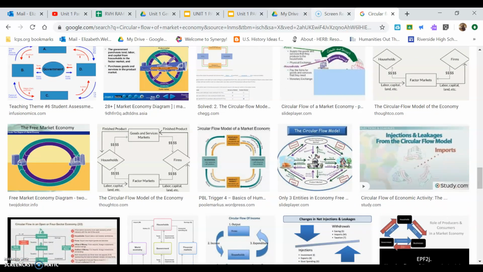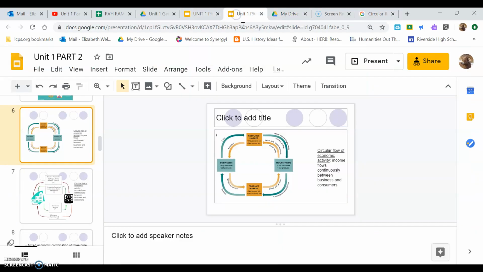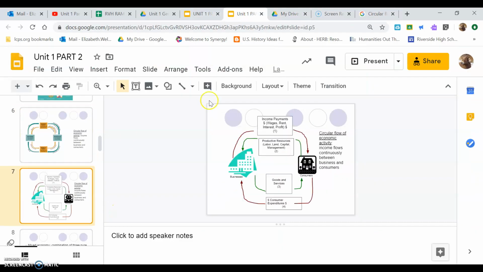The idea is that it's a seamless circle, right? So businesses provide wages, income payments to consumers because consumers work for these businesses. And then at the same time, consumers are spending money on these businesses. The labor part really comes in here. Consumers are the labor, right? We all work. I'm working right now.